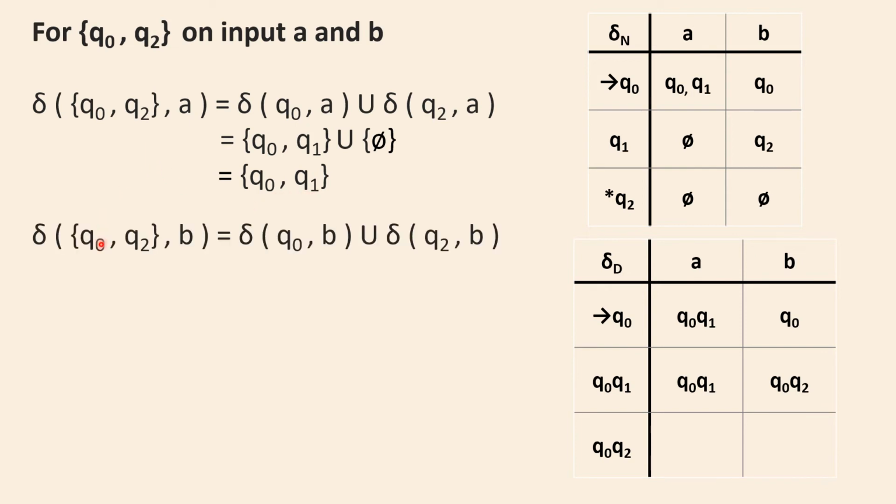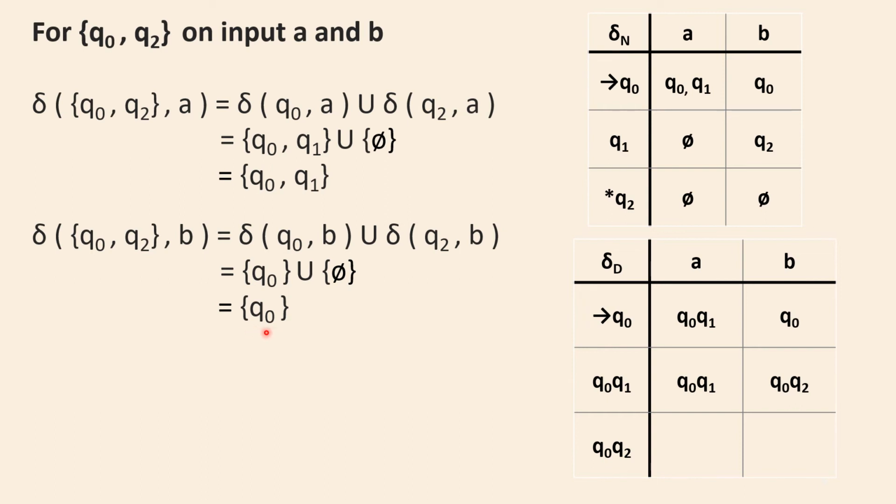So let us see for input B. Q0 Q2 on input B is nothing but Q0 on input B union Q2 on input B. Q0 on input B is Q0 itself and Q2 on input B has no transitions.